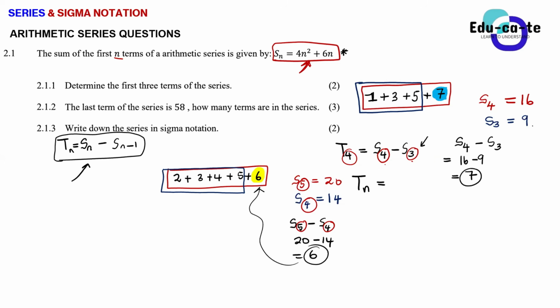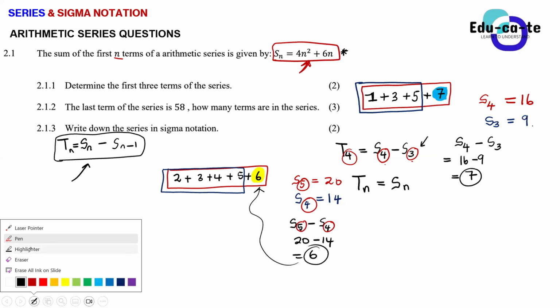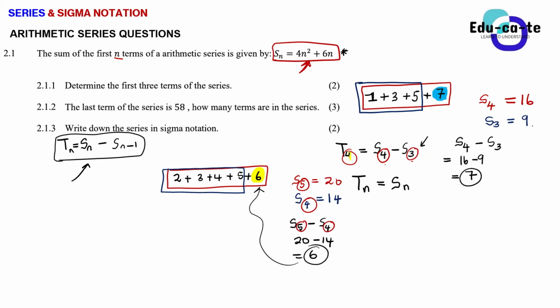Now we're just going to use letters. We are no longer going to use numbers to represent this. So we're going to have Tn here. And here, this is going to be S. So on S, I'm going to write Sn because you can see that these numbers are corresponding. If we want to find term 4, we have to start with the sum of 4 terms.